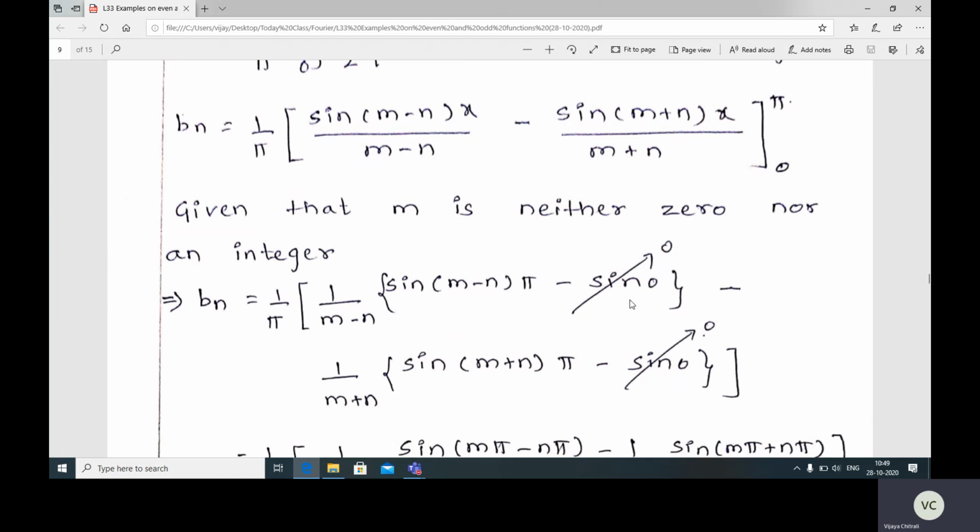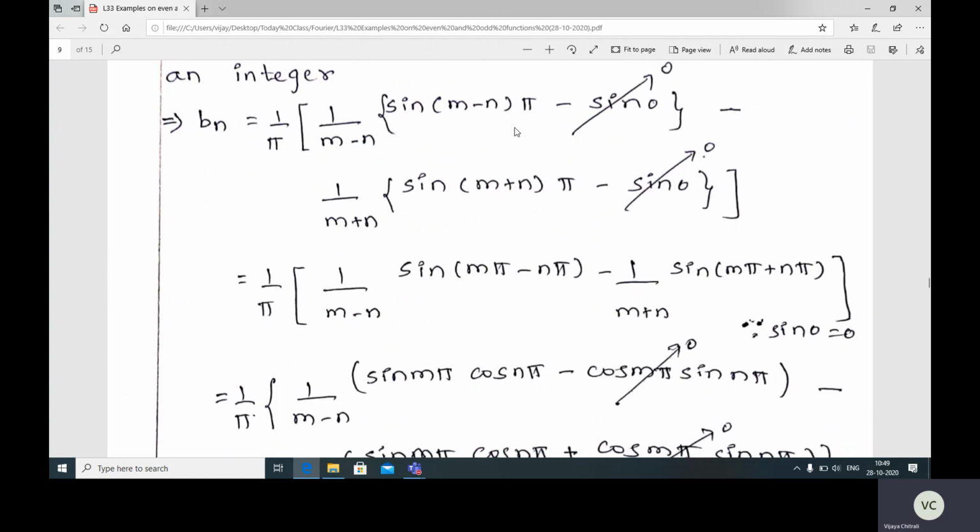So sin 0 is 0, so these two get cancelled. And here 1 upon m minus n, so multiply pi to this, sin(m pi minus n pi) minus 1 upon m plus n, sin(m pi plus n pi). Sin(a minus b), sin(a plus b), that formula you need to apply.